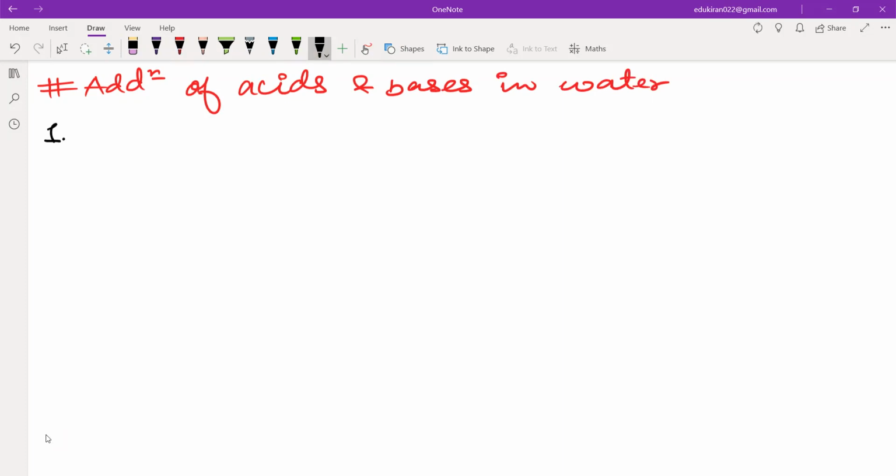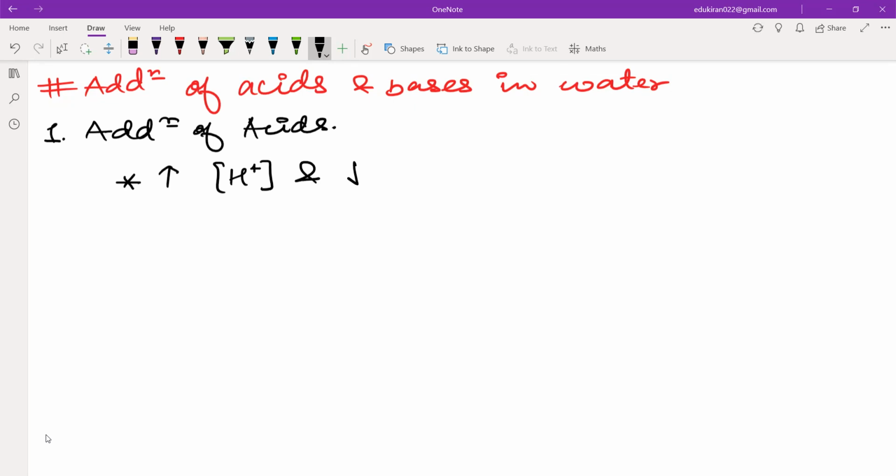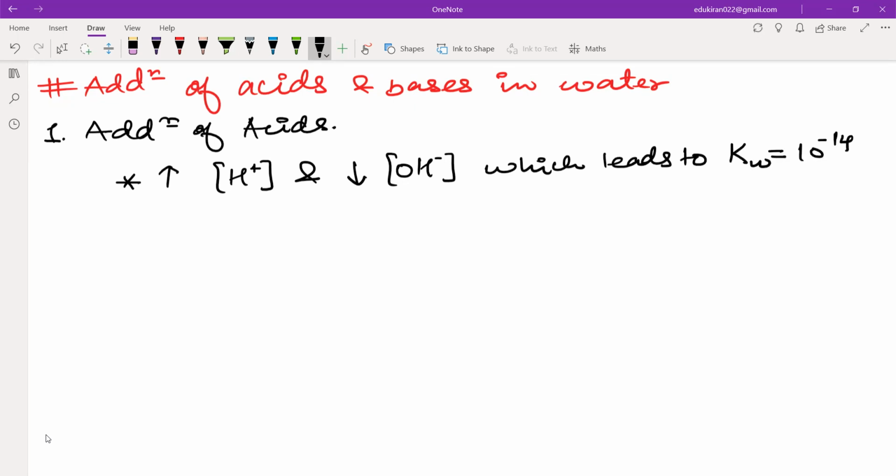Okay. Number 1, addition of acid. Addition of acid increases the concentration of H positive and decreases the concentration of OH negative, which leads to Kw equal to 10 to the power of -14, that is constant.